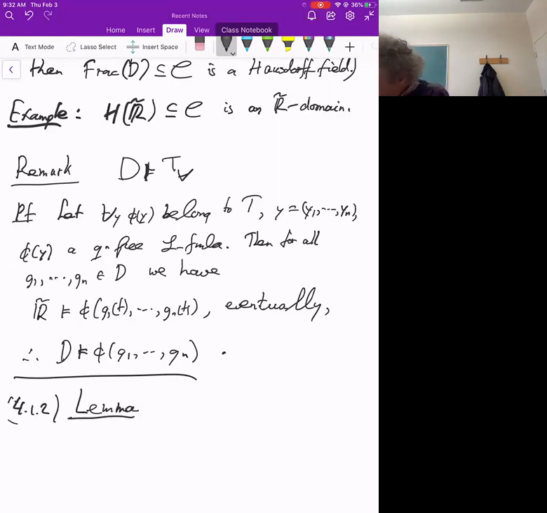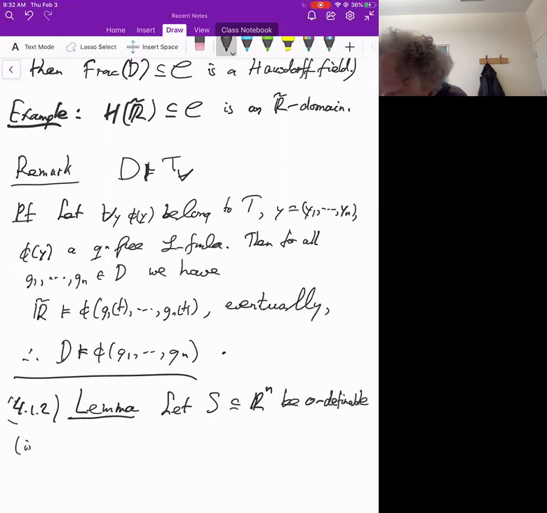This 4.12 lemma is a statement about eventual behavior with respect to zero definable sets. Let S in R^n be zero definable. When I say definable, I always mean in R tilde.